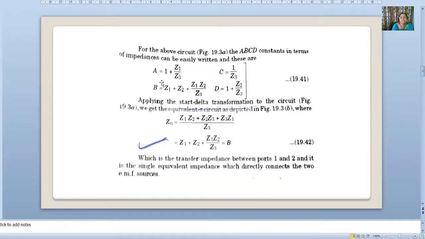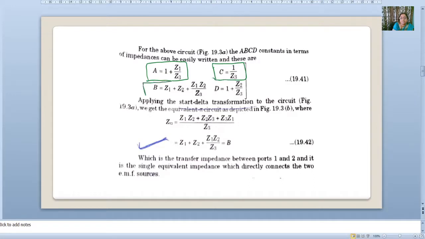For the above circuit 19.3, the ABCD constants in terms of impedance can easily be written. A is 1 plus Z1 divided by Z3. C is 1 divided by Z3.